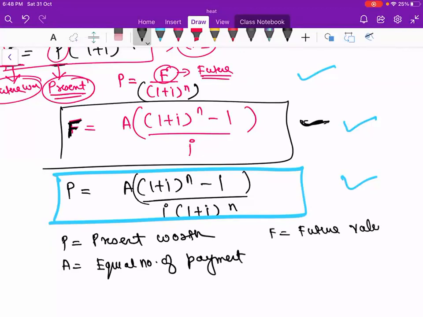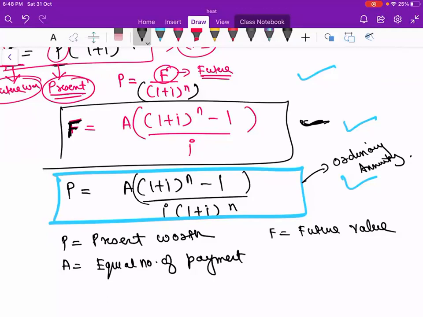So by default, we will be using ordinary annuity. Present worth means today's value.